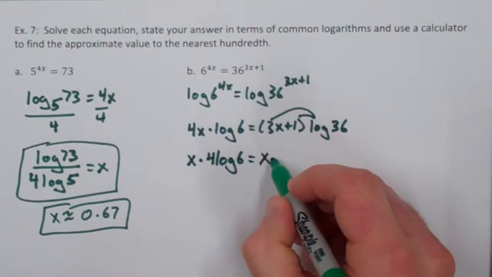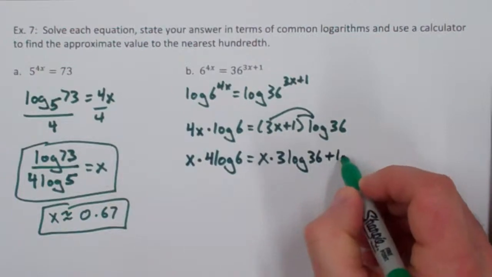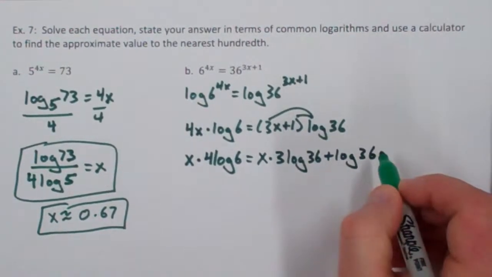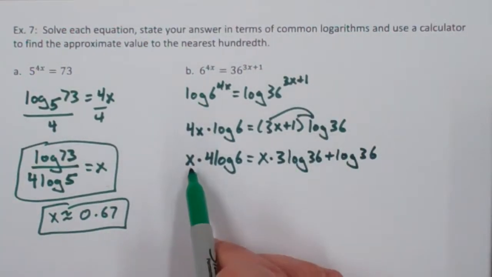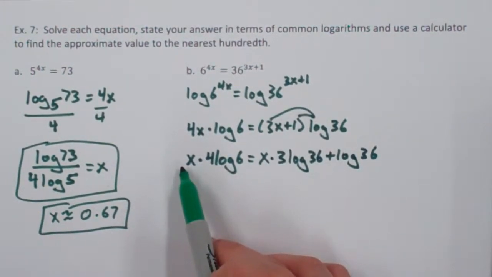And this one's going to be x times 3 log 36 plus log 36 if we do that distribution. We have an x on the left and an x on the right. We want to group those x's together.